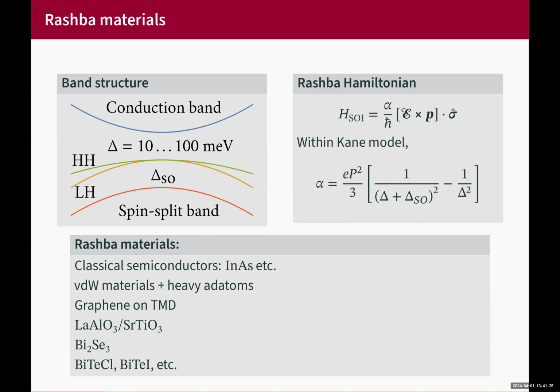Actually, I'm not interested in the systems with broken inversion symmetry. It is not mandatory for the Rashba interaction to arise. In fact, we will deal with inversion symmetric systems.